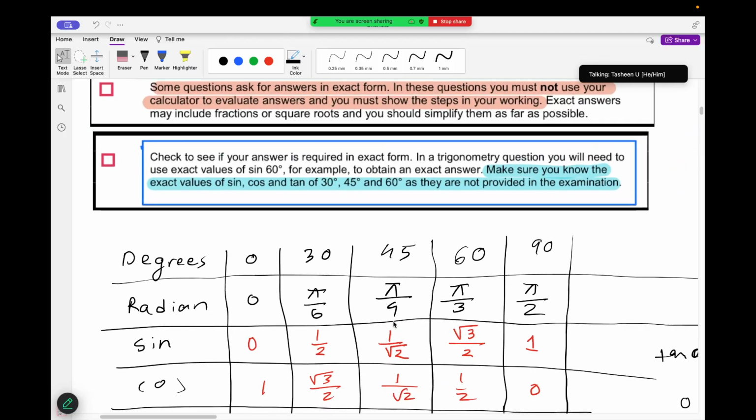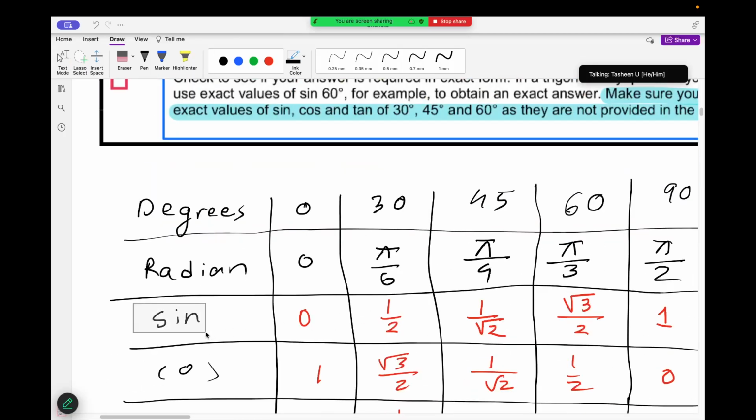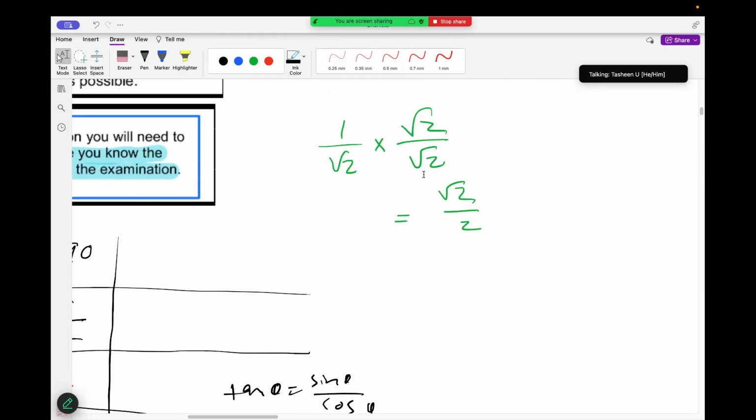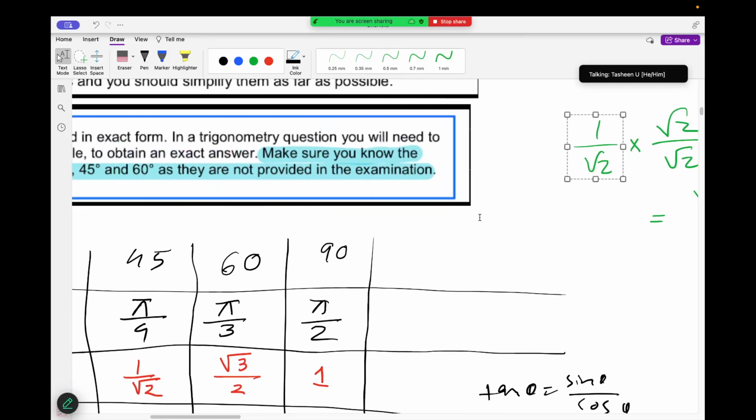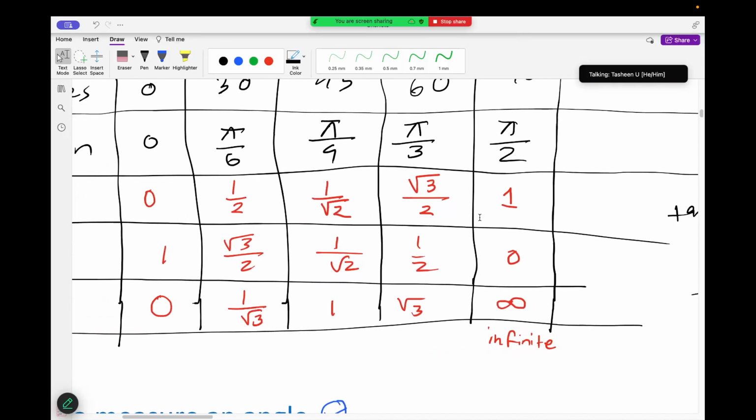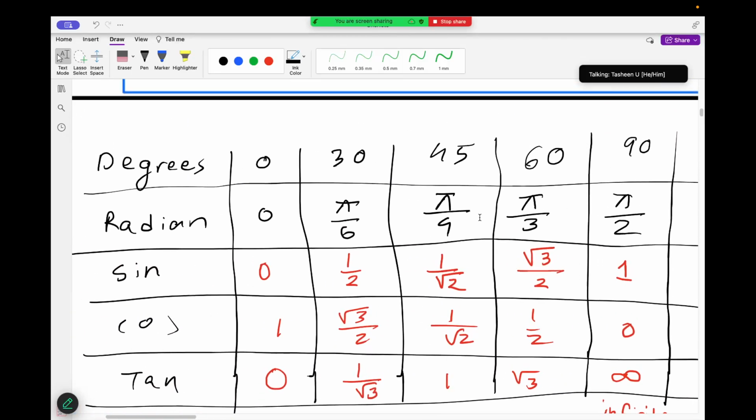Because in the calculator, if you put sine 45, they won't give you 1 upon root 2. They will give you the rationalized form, which is root 2 by 2. However, you are supposed to remember and memorize 1 upon root 2. This is how they will catch you.